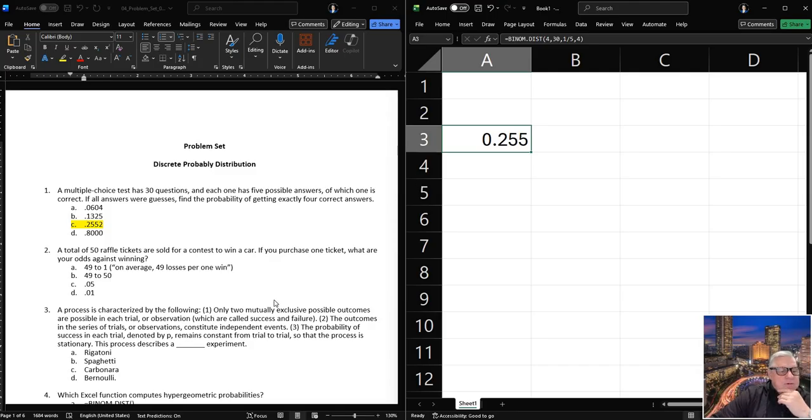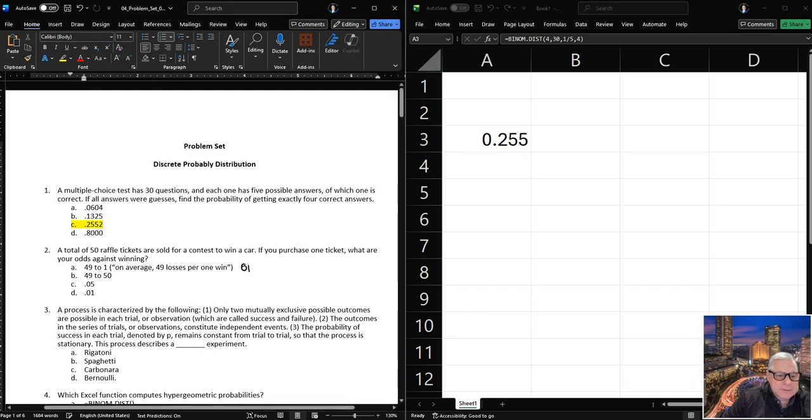Okay, a total of 50 raffle tickets are sold for a contest to win a car. If you purchase 1 ticket, what are your odds against winning? Okay, so the odds ratio is defined as the probability of losing over the probability of winning, or it could be the other way around.